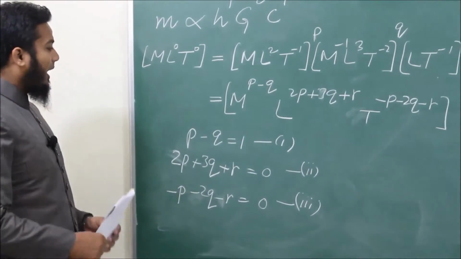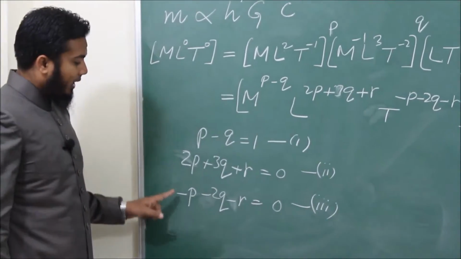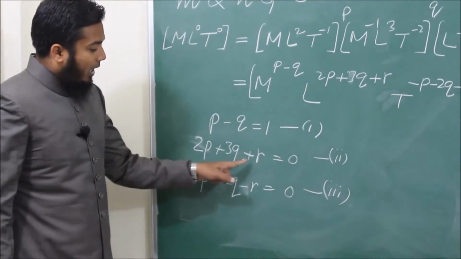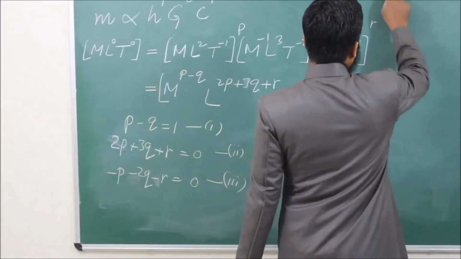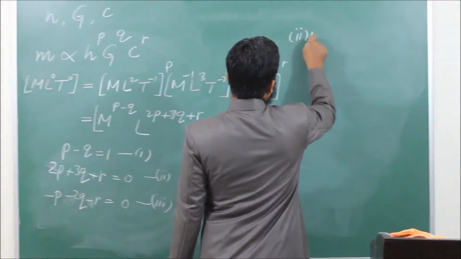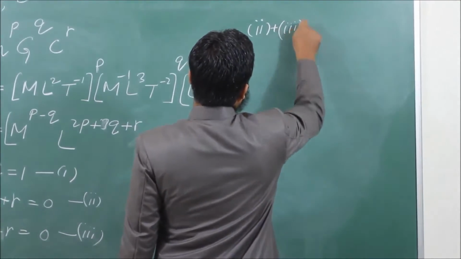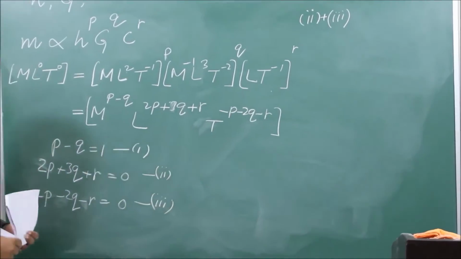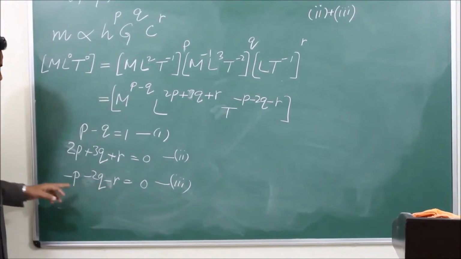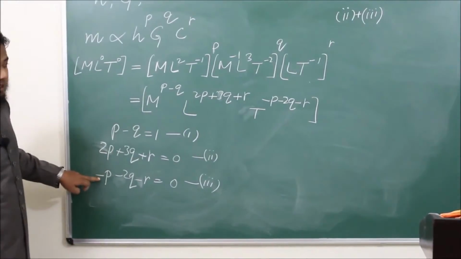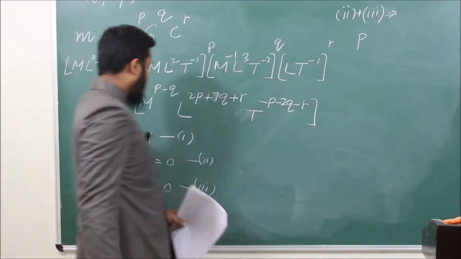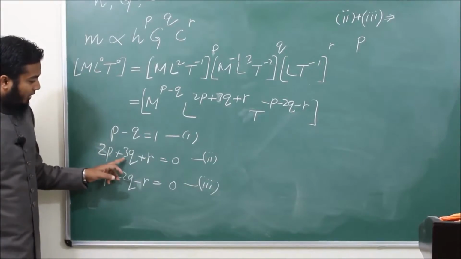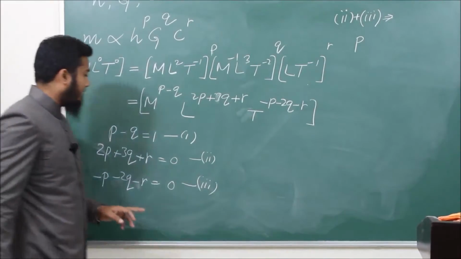Now if you add equation 2 and equation 3, you can see r will be eliminated. Adding equation 2 and equation 3, r will cancel out, and it will give you 2p minus p, which is just p, and 3q minus 2q, that is q.